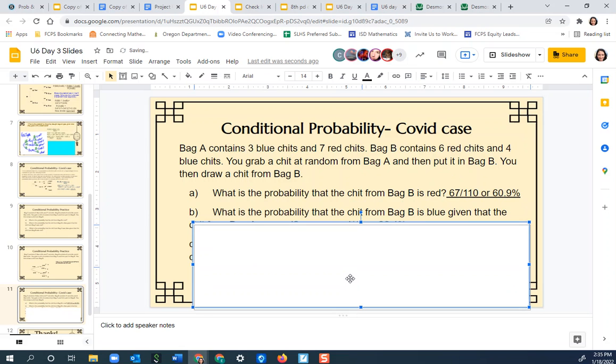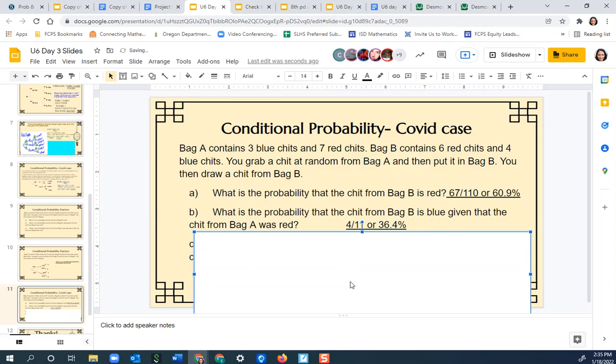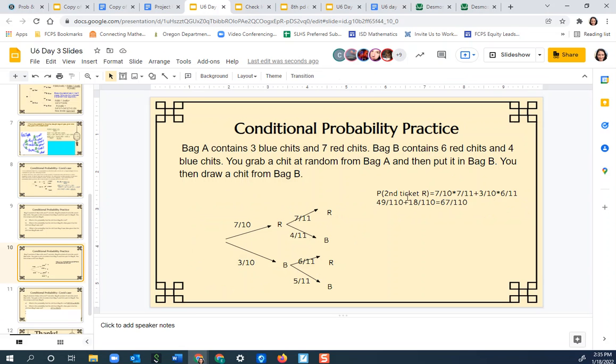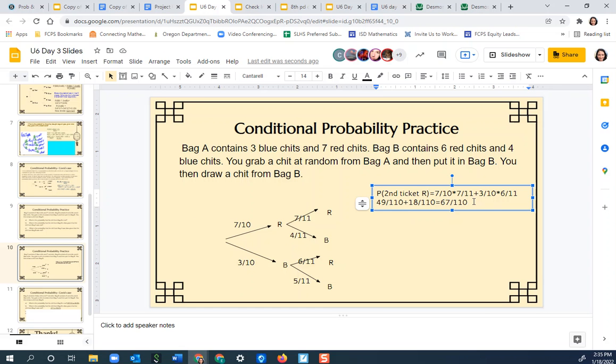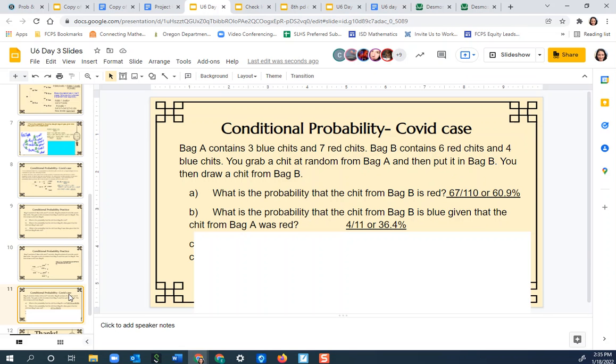The probability that the ticket is blue given that the ticket from A was red. All right, we need the probability that bag B is blue given that A is red.